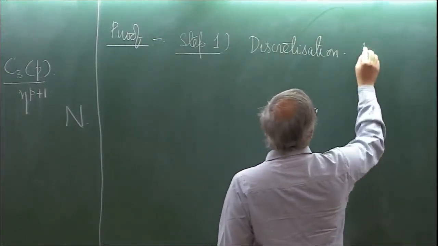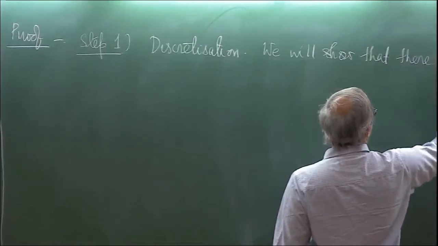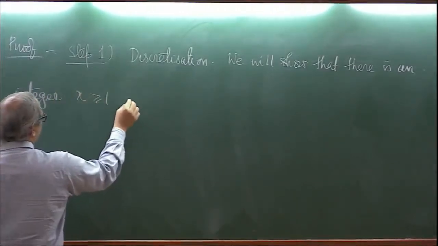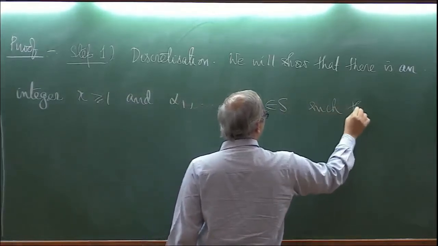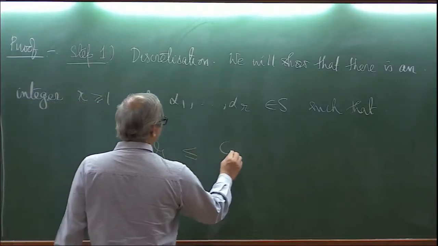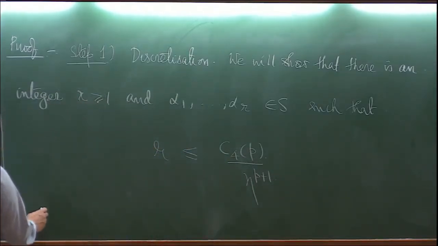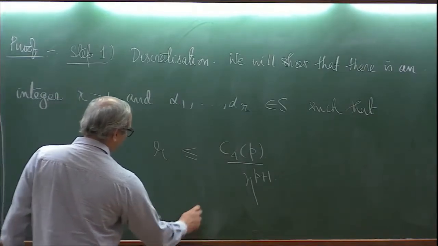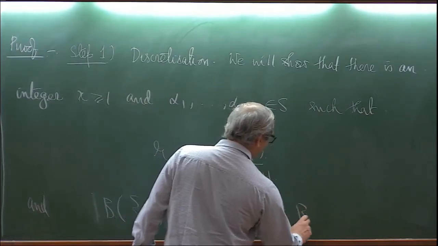We will show that there is an integer r greater than or equal to 1 and alpha 1, alpha 2, ..., alpha r in S such that r is less than, say, some C4 P by eta to the power P plus 1 in number, and the Bohr set B(alpha 1, alpha 2, ..., alpha r; epsilon over 2) is contained inside the Bohr set of S, epsilon.